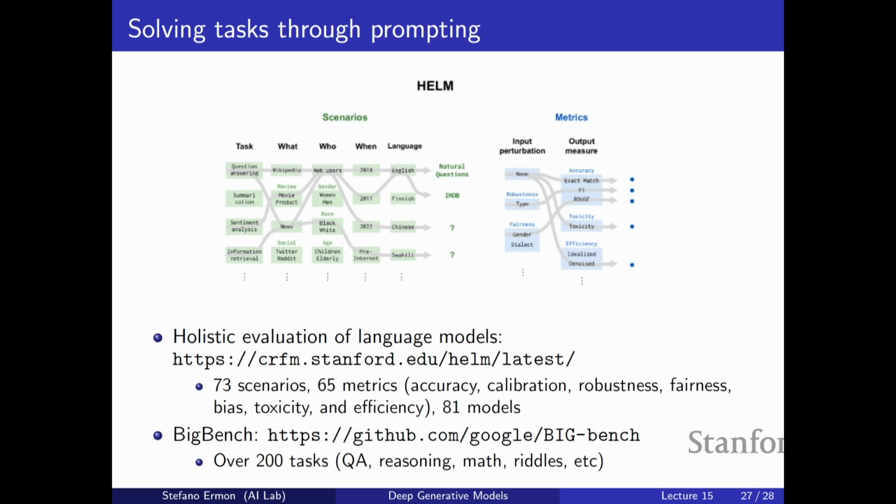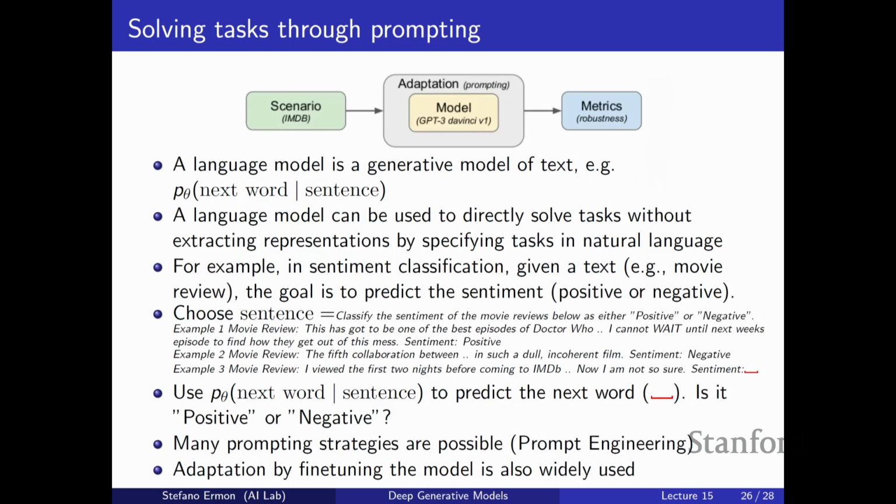And so one way to go about it is to consider a lot of different tasks, a lot of different scenarios, a lot of different metrics, because maybe you care about accuracy, but maybe you care about other things. And you can try to see how these different models that exist out there perform on all these different tasks. So you can consider different scenarios, different adaptation strategies, let's say different prompting strategies.